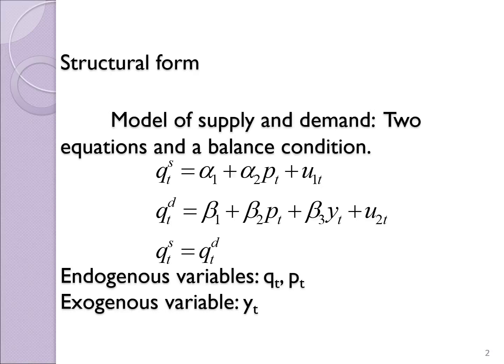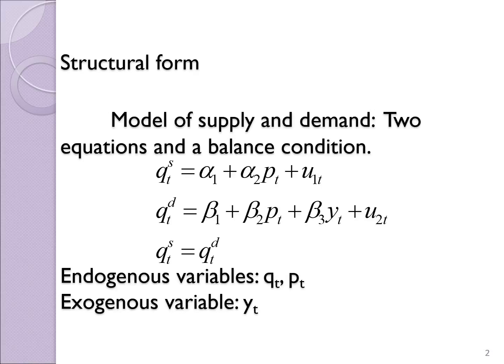On the other hand, we have another equation that is the demand equation, and the demand equation is beta 1 plus beta 2 pt plus beta 3 yt plus u sub 2 t. This is a demand equation. This is telling us how the demand works, how much quantity are the consumers ready to buy depending on the price and the income, which is y.